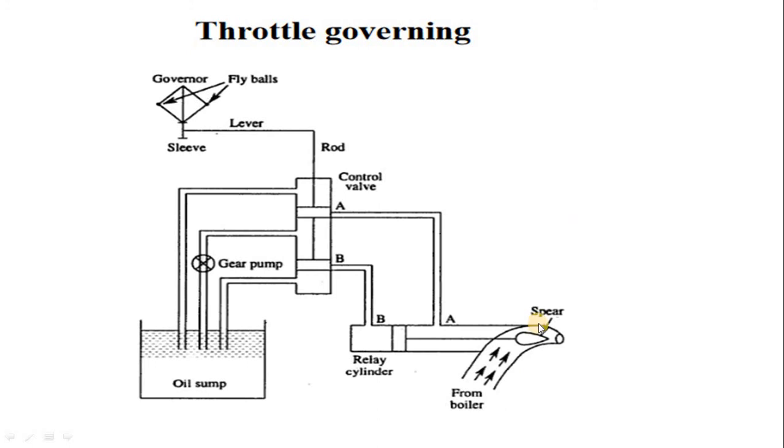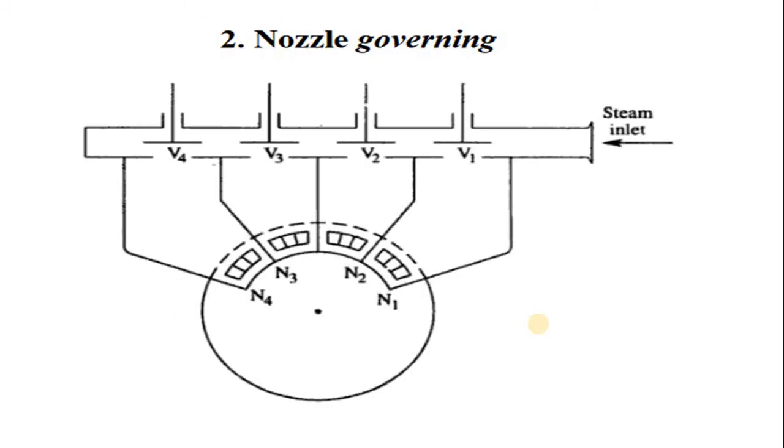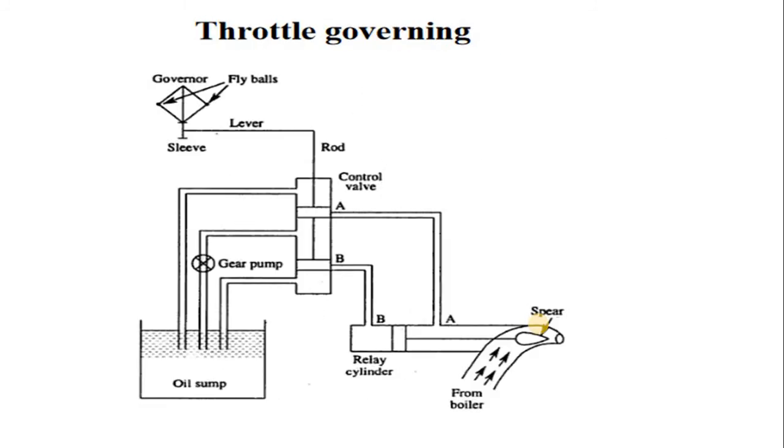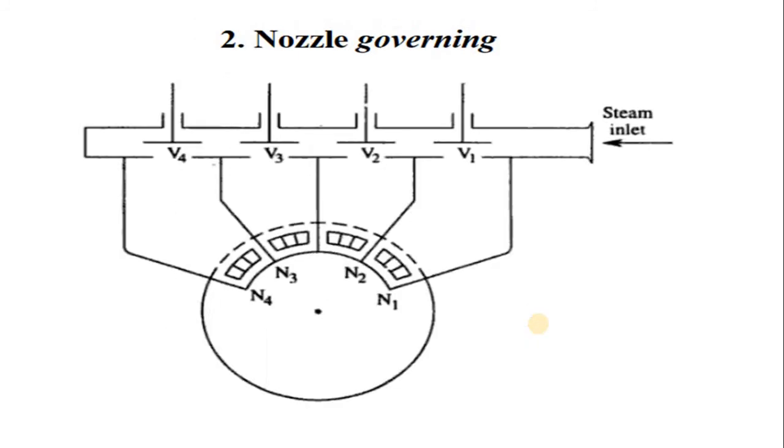In this way we can control the speed, or maintain a constant speed, in the case of throttle governing in a steam turbine, irrespective of the load condition, in both situations: when the load on the turbine increases as well as when it decreases.